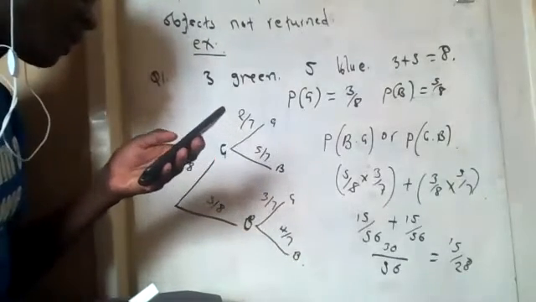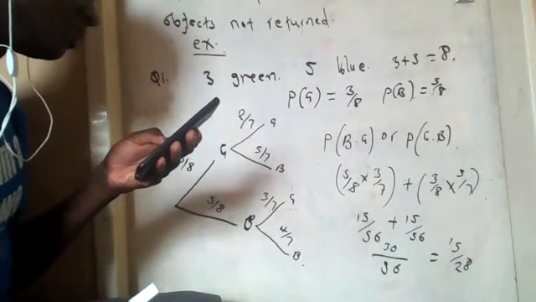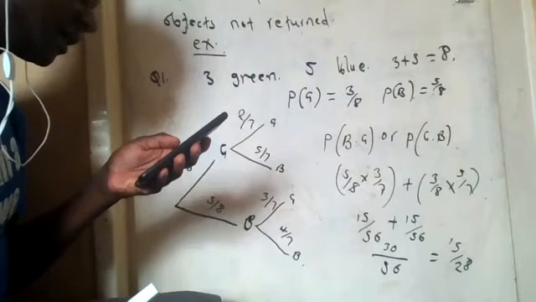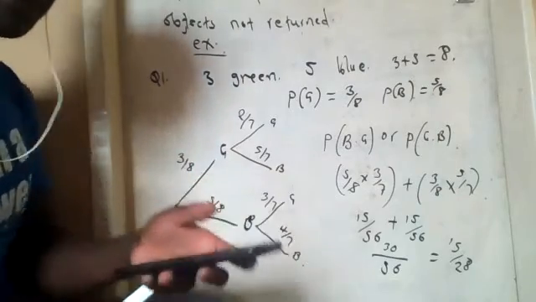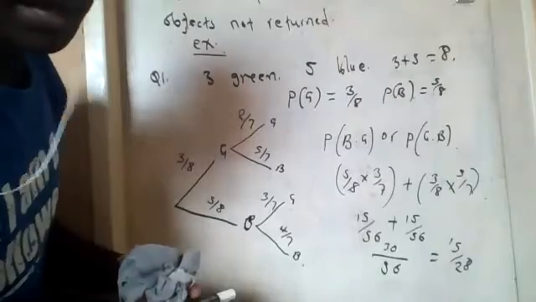Okay, the second part of part B. Then the other one is saying first blue disc, then different color. So first blue and any other color.